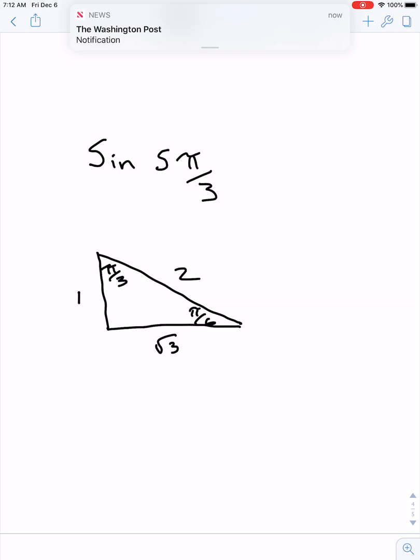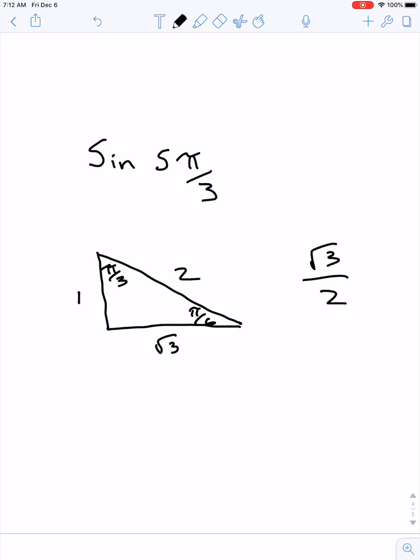So we're looking for the sine of pi over 3. We'll deal with this 5 in a second. So sine of pi over 3 is equal to opposite, square root of 3, over hypotenuse. But we need to see, where does 5 pi over 3 land on the unit circle?